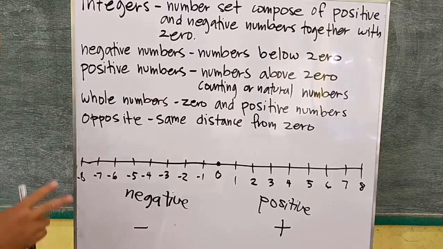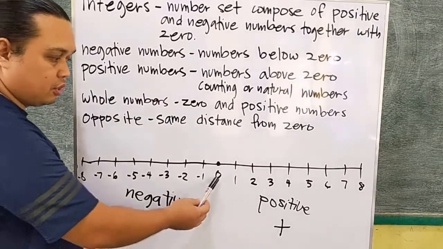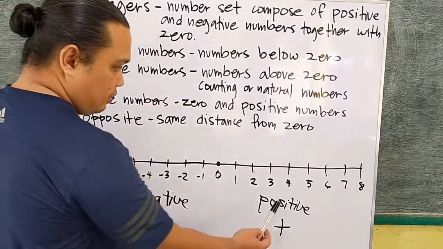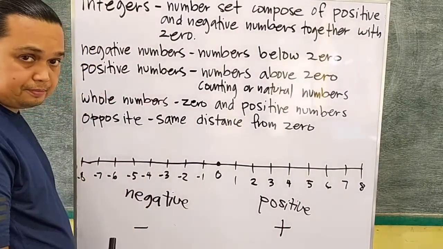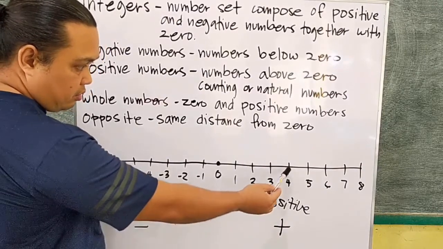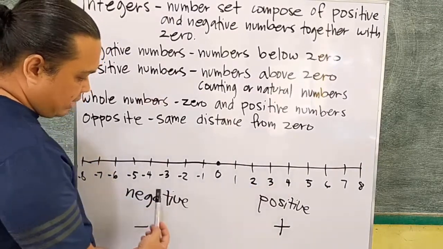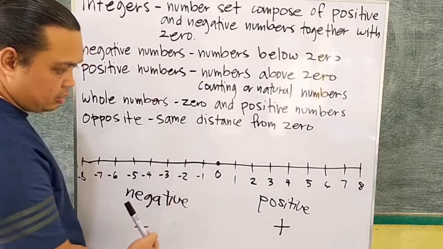Two numbers that have the same distance from 0. Example, 4 here and negative 4 here. 4 has 4 steps to the right of 0, while negative 4 has 4 steps to the left of 0.